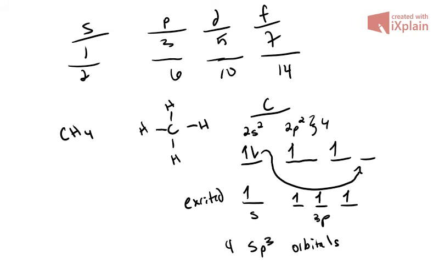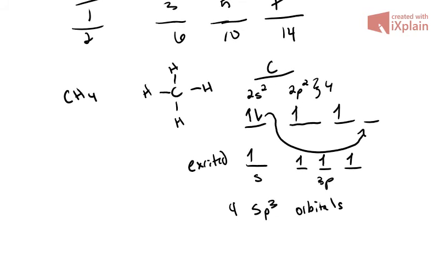These sp3 orbitals are then allowed to bond with the s orbitals in hydrogen. And so the p orbitals that originally looked like this now look more like this.